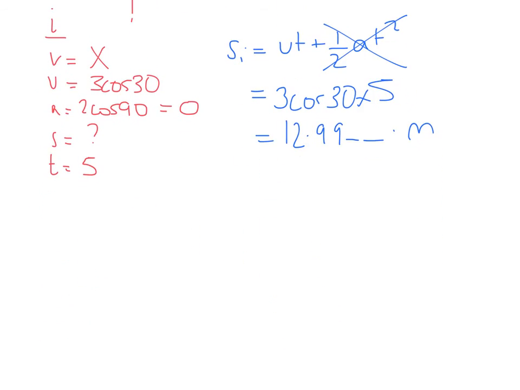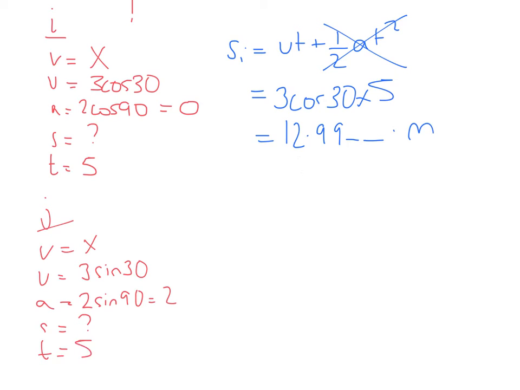Okay, so let's look in the j direction. So again, v we don't know, u in this case will be 3 sine 30. Again, if you don't understand that, go back and watch the video. a is 2 sine of 90, which is 2, and s is our unknown, and t again is 5. So let's plug this in.